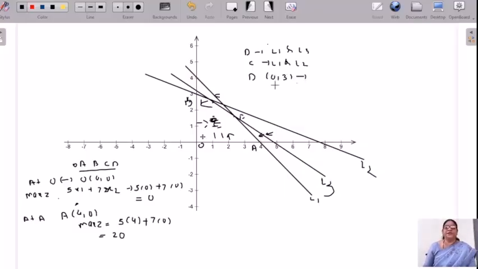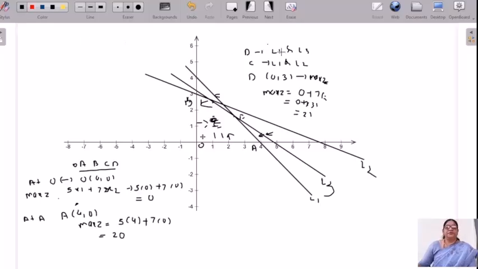Therefore maximize Z is equal to 0 plus 7 into 3, which is equal to 21.